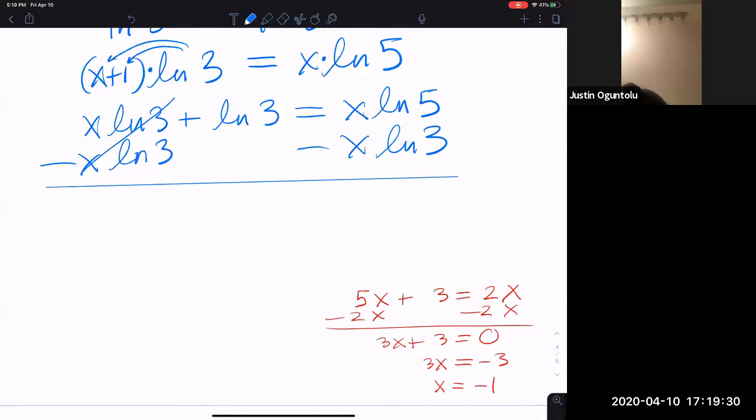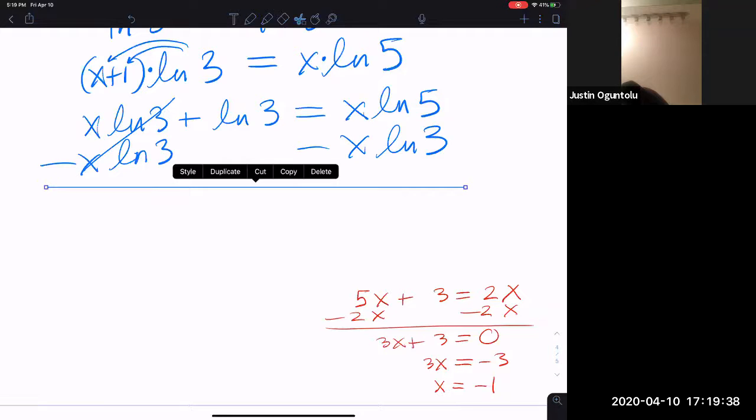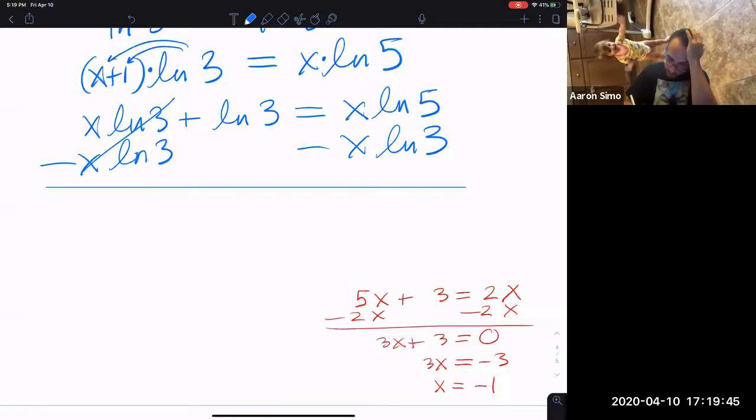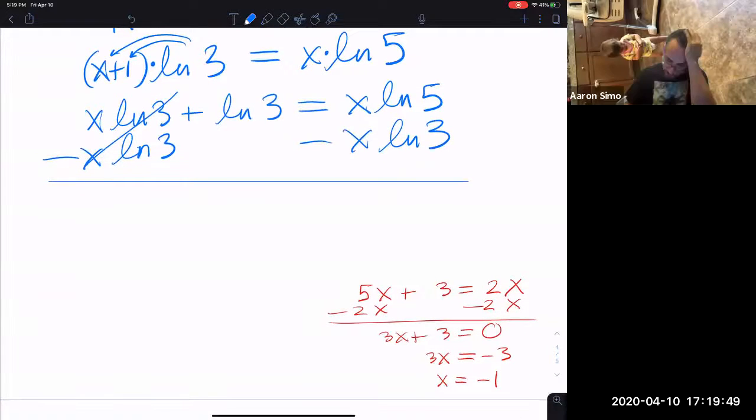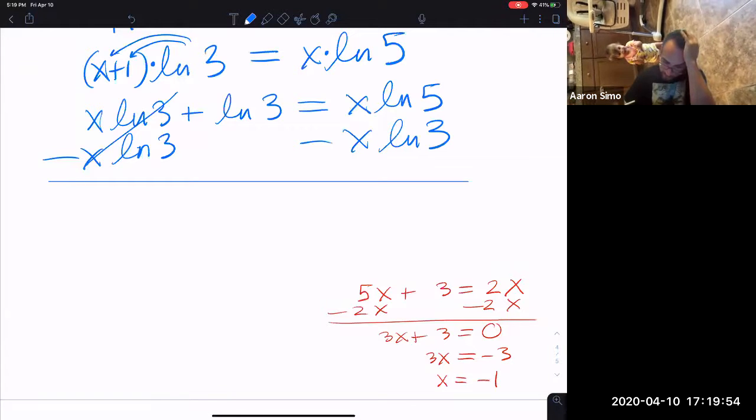So now it's x ln 5 minus x ln 3. On the left I got x ln 5 minus x ln 3. Wait, did you subtract x ln 3 from both sides or x ln 5 from both sides?